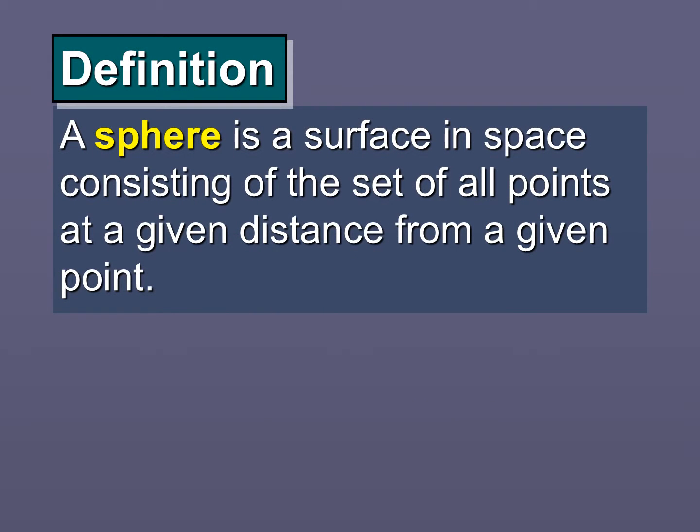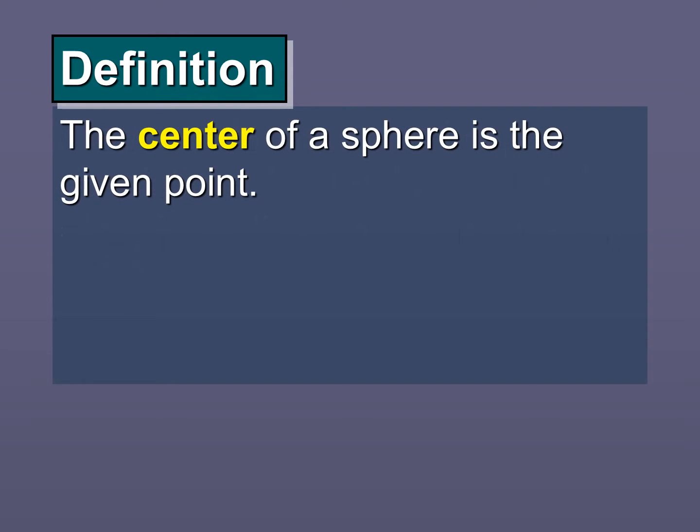So the definition of a sphere is a surface in space consisting of the set of points at a given distance from a given point. What that means is that you have a center, right? The center of a sphere is that given point where everything on that sphere is the same distance from that center.